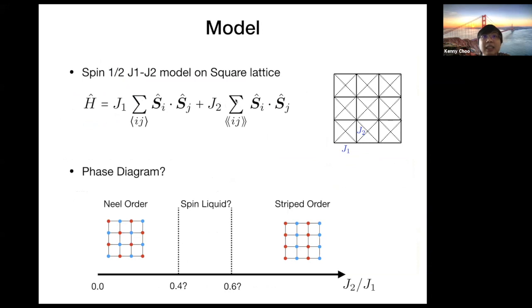This is given by this Hamiltonian, where we have nearest and next nearest neighbor spin-spin interactions. It is frustrated in the sense that you cannot satisfy both the nearest neighbor and next nearest neighbor interactions simultaneously. If you have both J1 and J2 positive, then they both want to anti-align the spins, and you just cannot satisfy both conditions at the same time. So in this sense, it is frustrated.